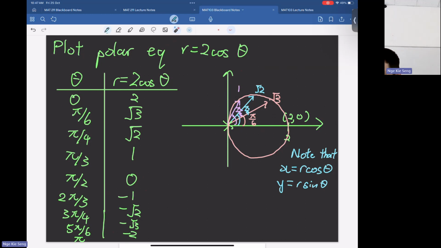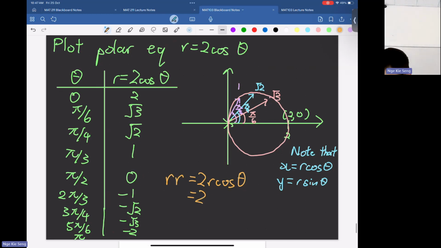You can try and play some algebra here. Maybe you can multiply r to your function. Why do I do this? Because I need to create my x first or create my y first. If I multiply an r to this equation, I can substitute the x in, so I can express it in terms of r now.